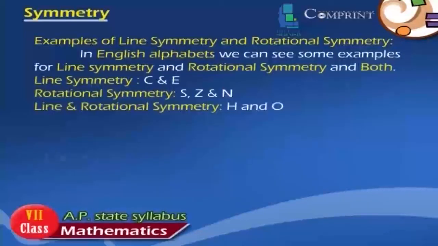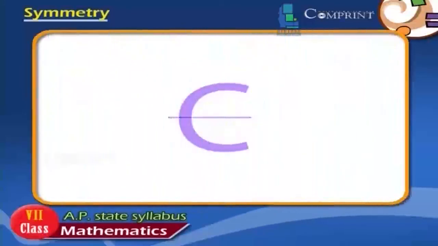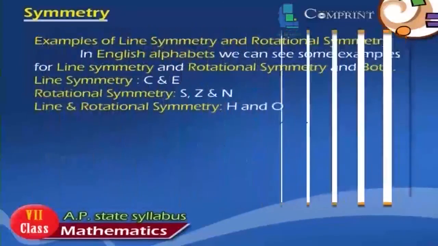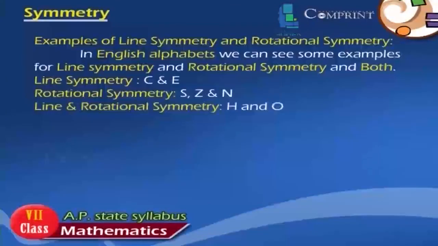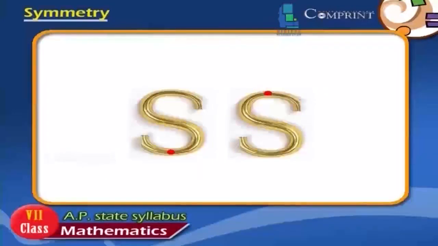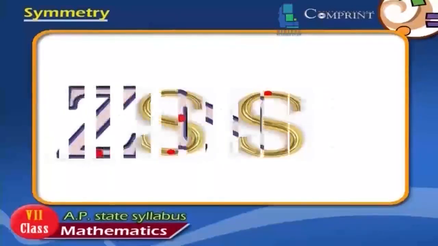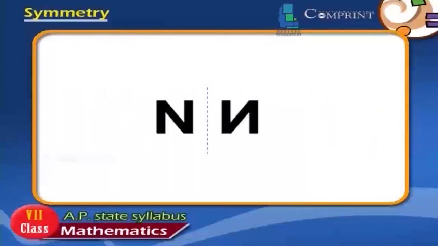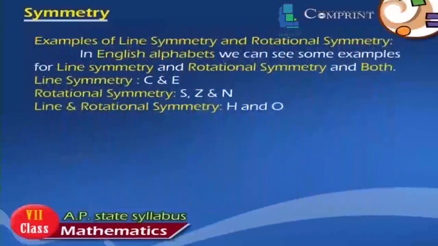Line symmetry: C and E. Rotational symmetry: S, Z and N. Line and rotational symmetry: H and O.